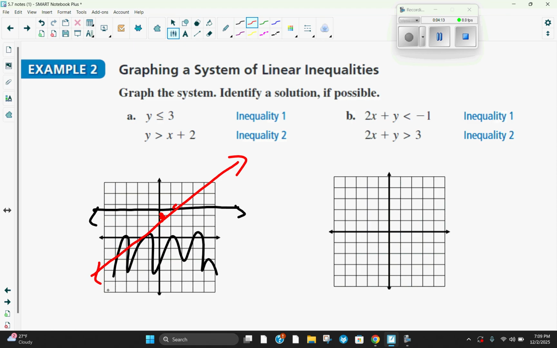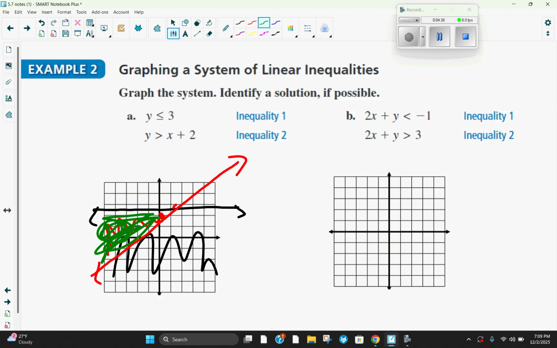And this is everything greater than, so it's going to be above that red line, and it'll stop at this line. So my solution is right here. That's where my solution lies.